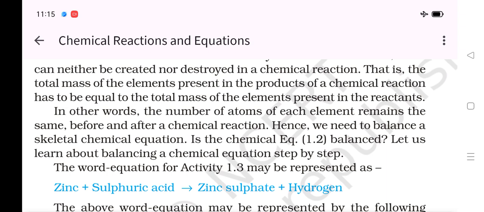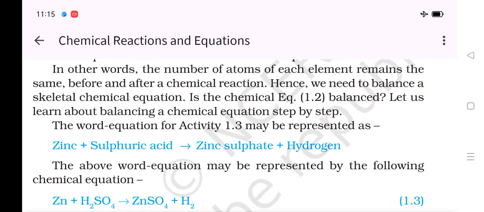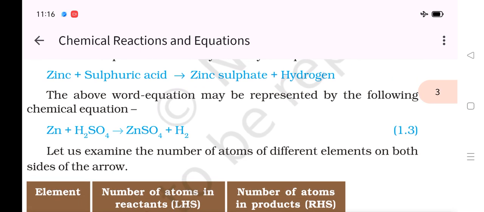Hence, we need to balance a skeletal chemical equation. Is the chemical equation 1.2 balanced? Let us learn about balancing a chemical equation step by step. The word equation for activity 1.3 may be represented as zinc plus sulfuric acid gives zinc sulfate plus hydrogen.